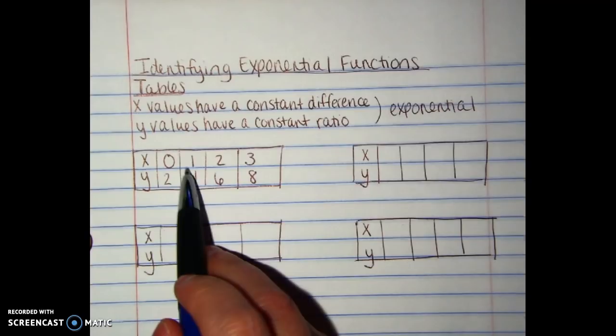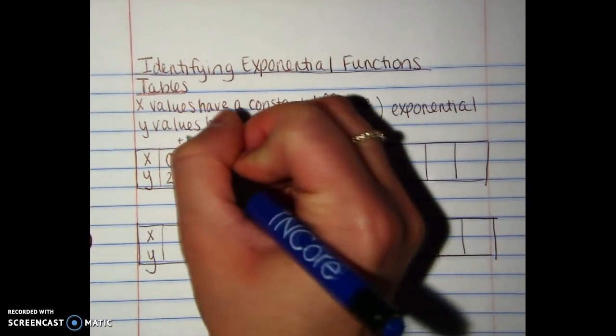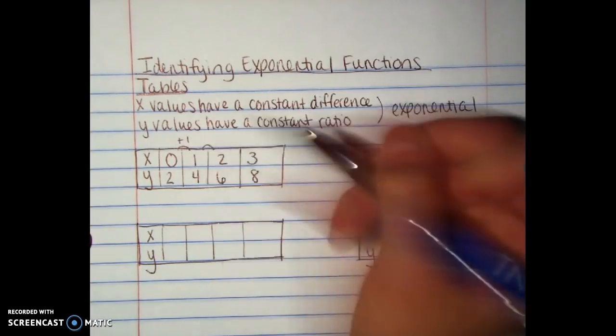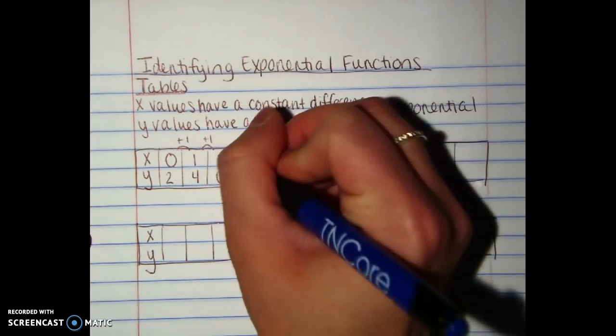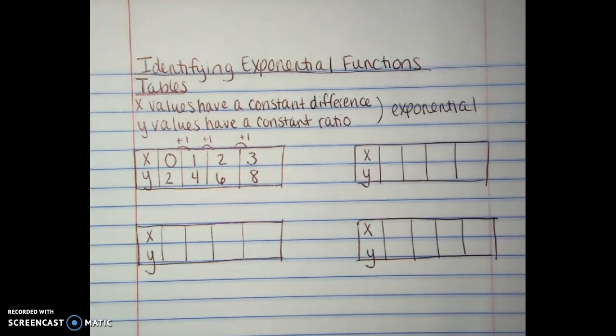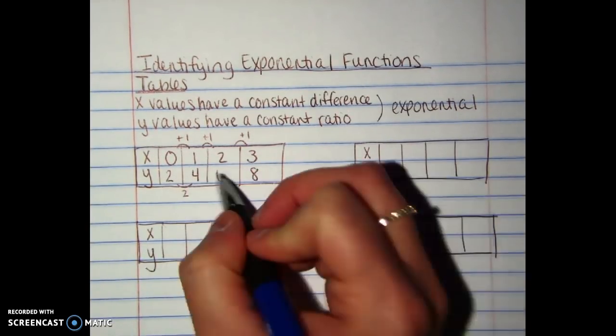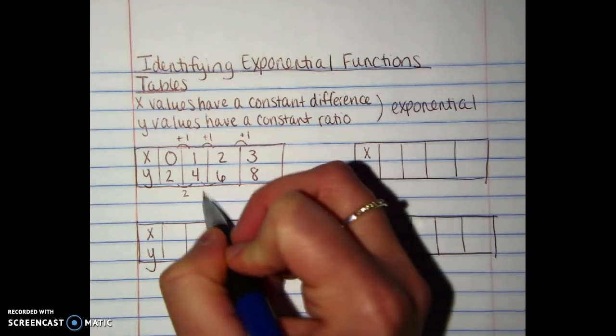Okay, so I'm looking for a constant difference with the x's. So to go from 0 to 1, I'm adding 1. And here, 1 plus 1 is 2, 2 plus 1 is 3. So that has a constant difference. Now let's see if it multiplies by the same number each time down here. 4 divided by 2 is 2. 6 divided by 4 is 1.5.